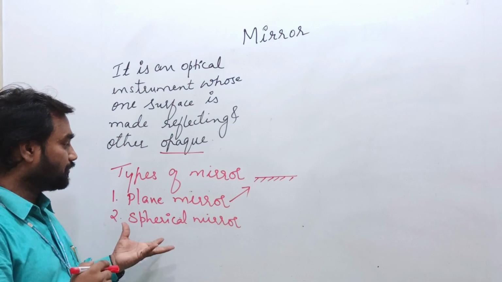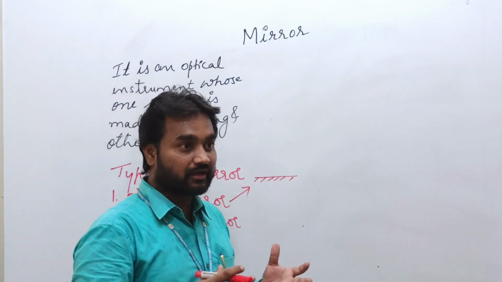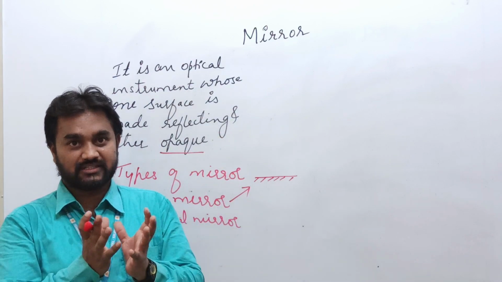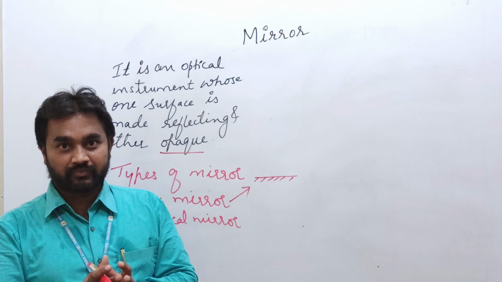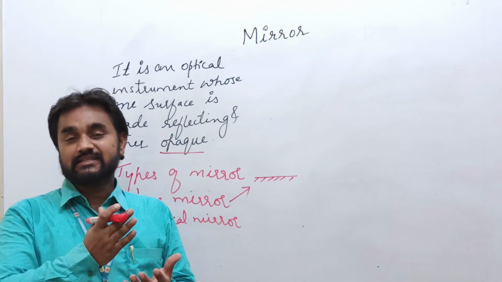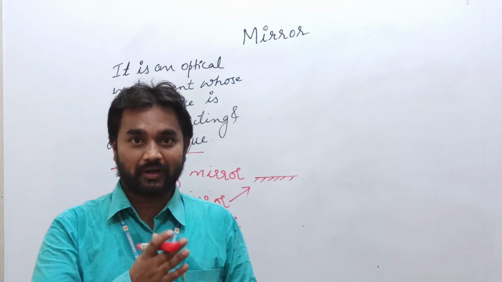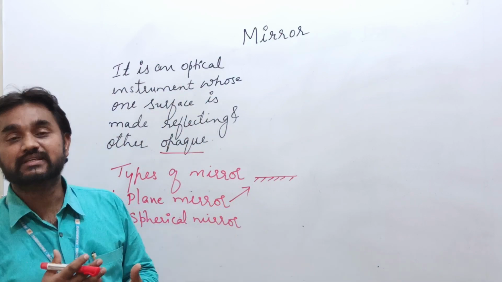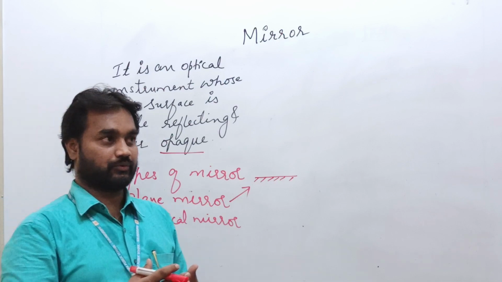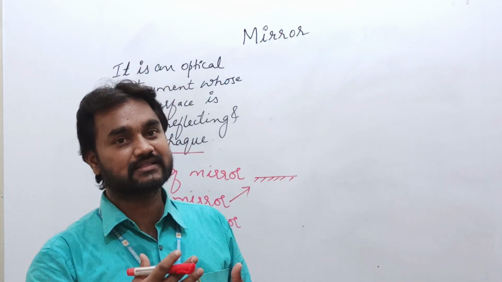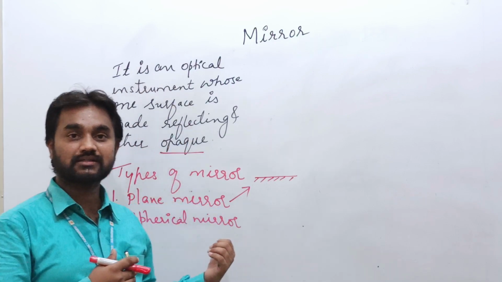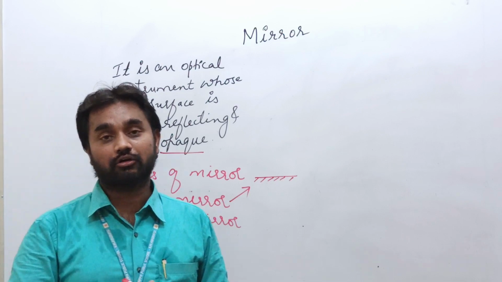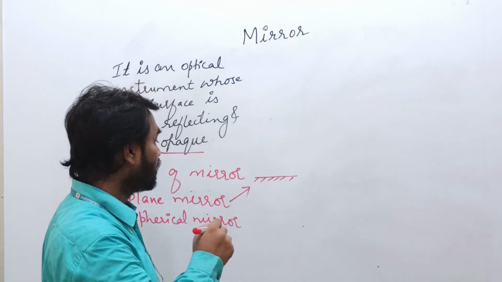A spherical mirror is a mirror whose shape is a sphere, a spherical glass, and whose reflecting surfaces are curved. These spherical mirrors are part of a hollow sphere.